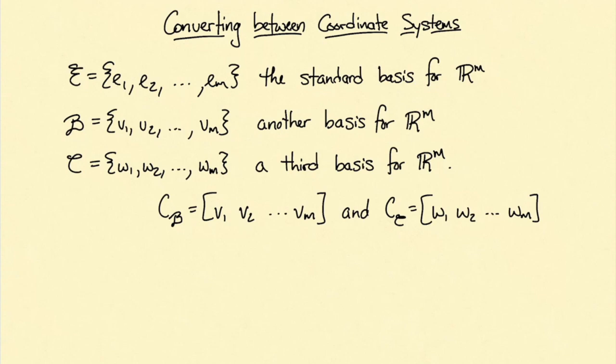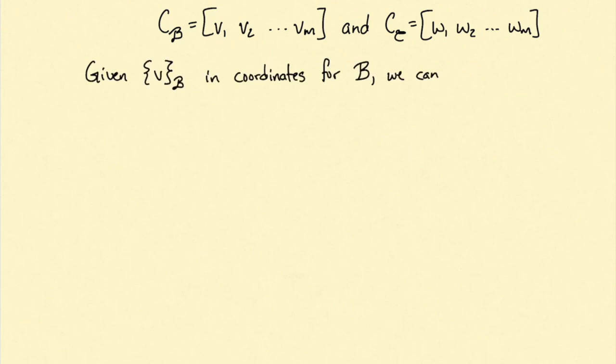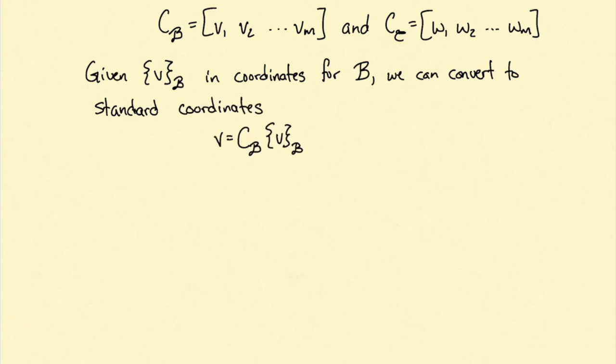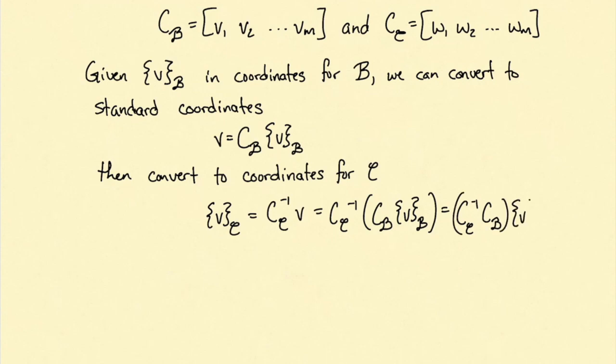So if we're given a vector V expressed in the coordinates for the basis B, we can always convert back to standard coordinates. And then we can convert from standard coordinates to the coordinates given by C by multiplying by the conversion matrix for the basis C inverted.